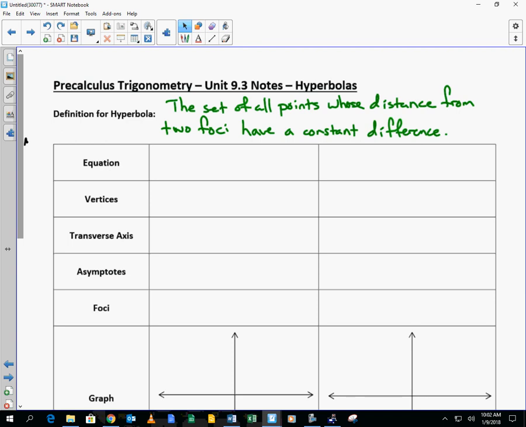Yesterday's definition of an ellipse said the set of all points whose distances from two foci have a constant sum. They add to the same number. Today, their distances from the two foci have a constant difference, so they subtract to the same number. And I'll show you what that means in a little bit.